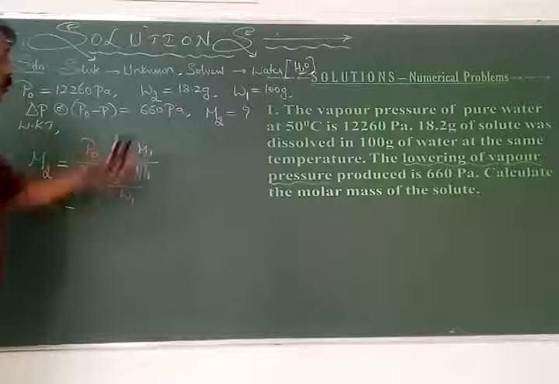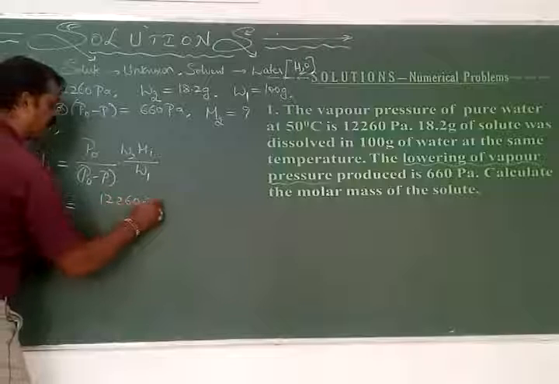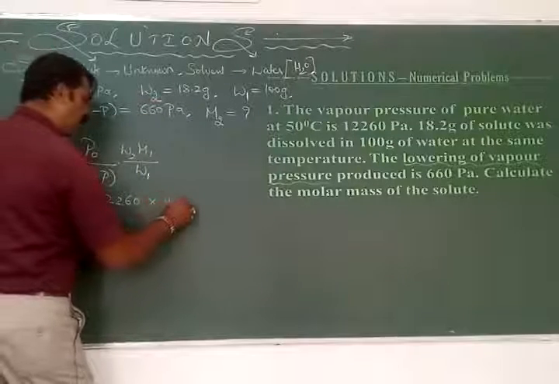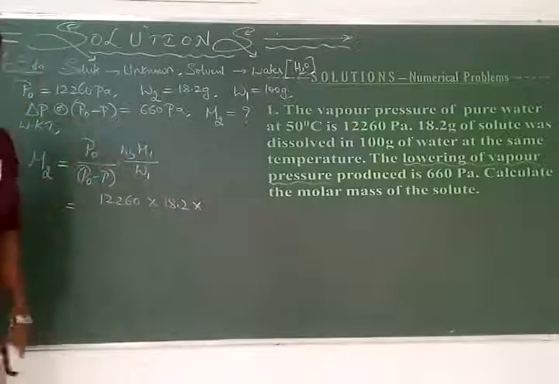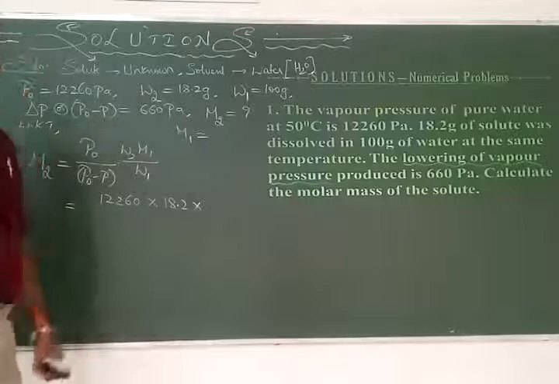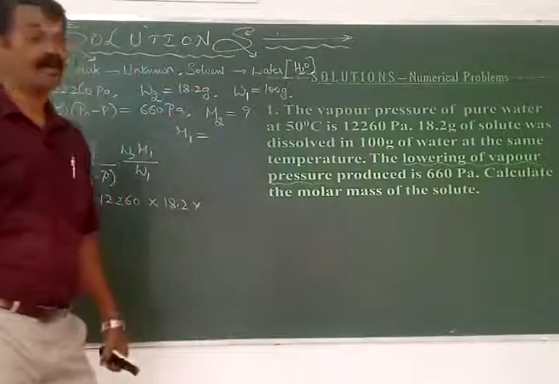That's equal to, what is P naught that I have mentioned here? 12260, into W2, the mass of the solute, which is 18.2, into M1. What is M1? M1 is the molecular mass of the solvent, and the solvent is water. What is the molecular mass of water?